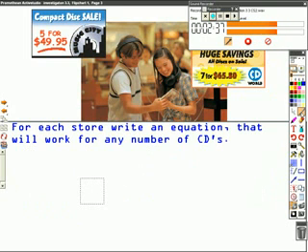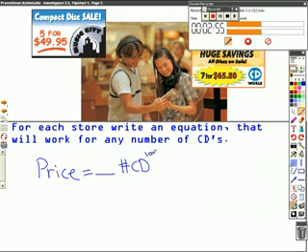We always solve for the dependent variable. So we know that we are solving for price. So price equals, and we know it has to include my independent variable. So price equals something to do with the number of CDs.